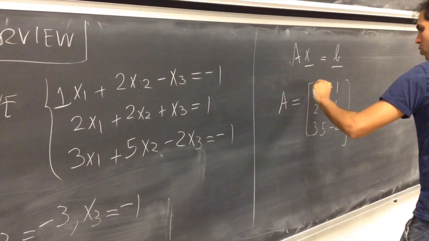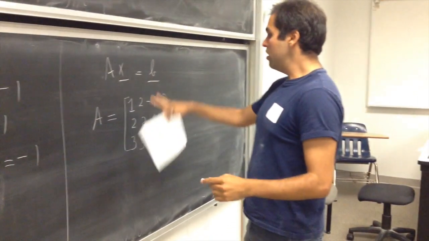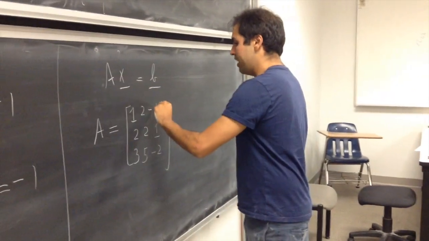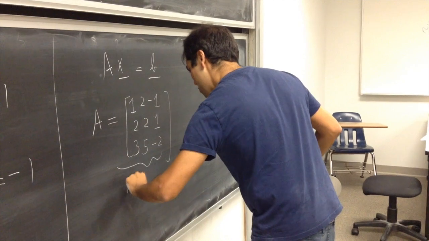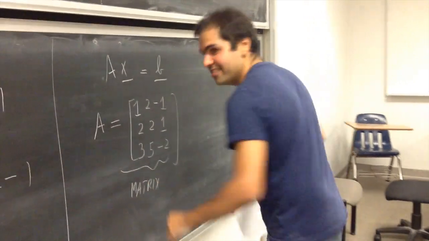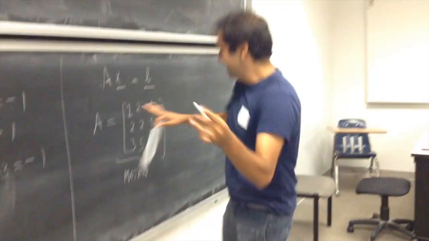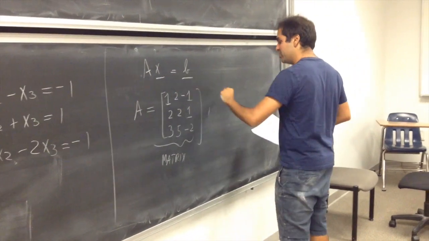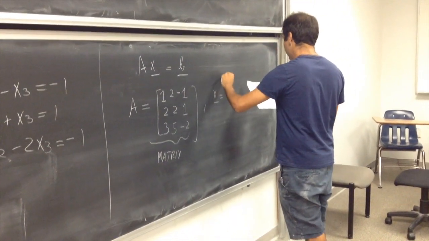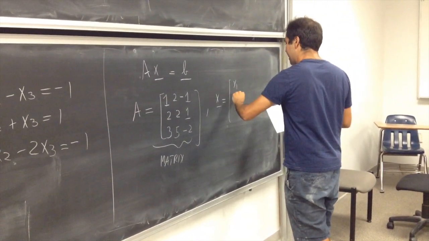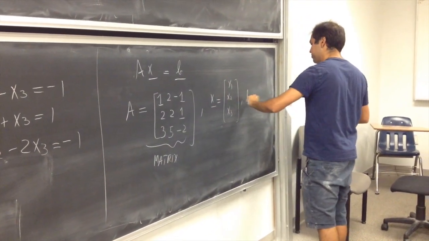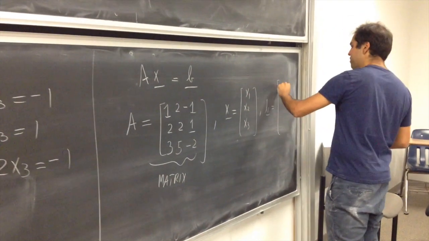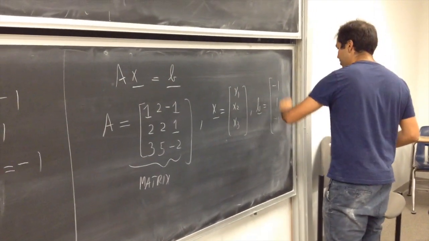So right now, it's just a square that gathers all the coefficients, and it's called a matrix. And X is just a vector of solutions: x1, x2, x3, and B is the vector minus 1, 1, minus 1.